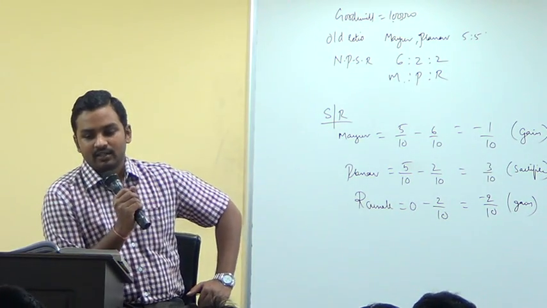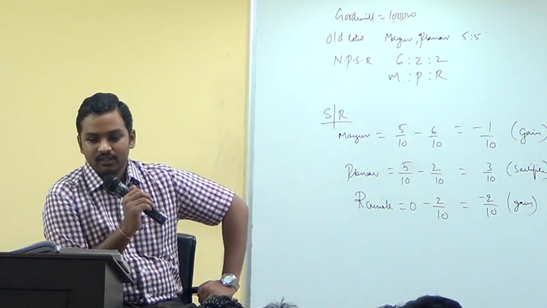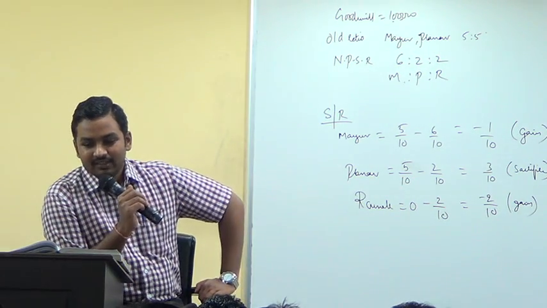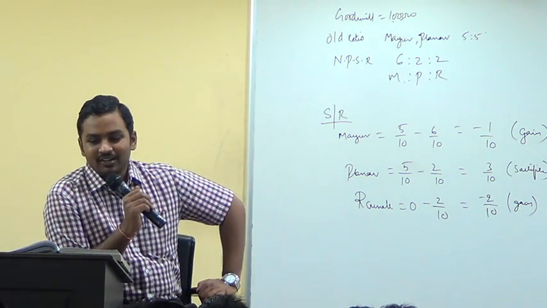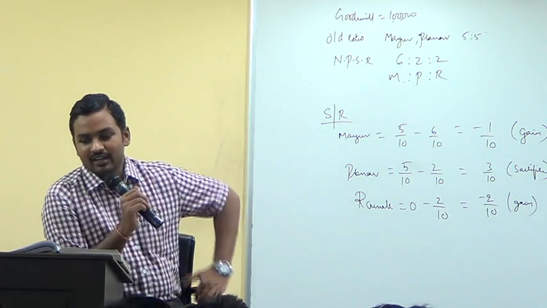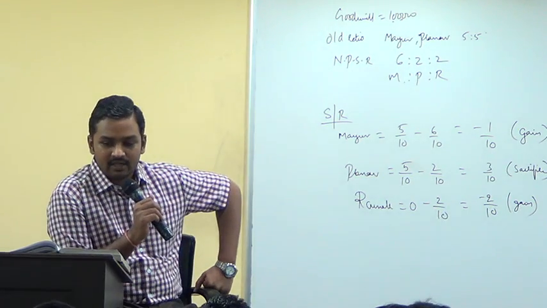Gopal and Govind are partners sharing profits and losses in the ratio of 60:40. So who are our partners now? Gopal and Govind. The firm's balance sheet as on 31st March 2008 is as follows. Fixed assets 3 lakh, investments 50,000, current assets 2 lakh, loans and advances 1 lakh.